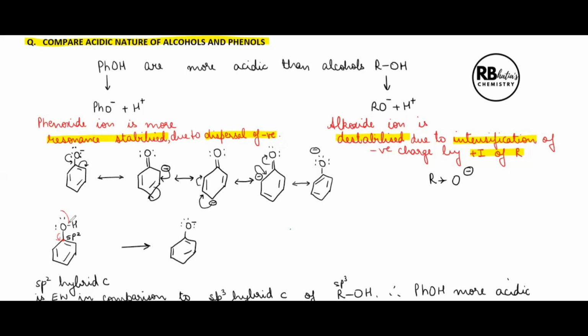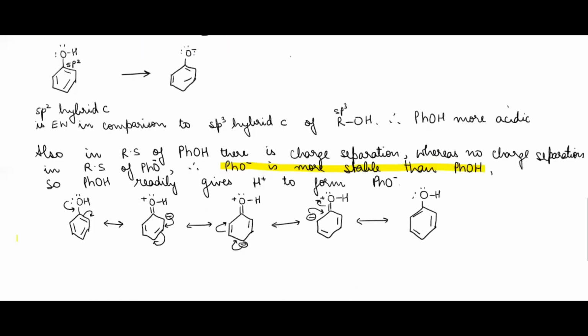O in turn will be capable of pulling this shared pair towards itself, releasing out H plus, forming phenoxide ion. So, reason of polarity based on hybrid nature of carbon to which OH is attached. So all these points make your answer complete in all respects.